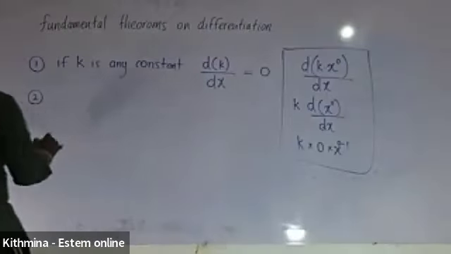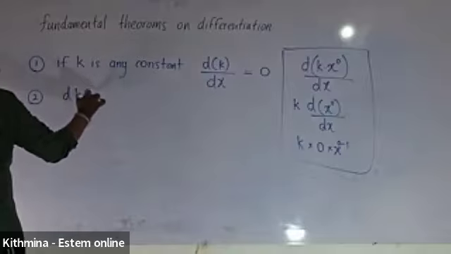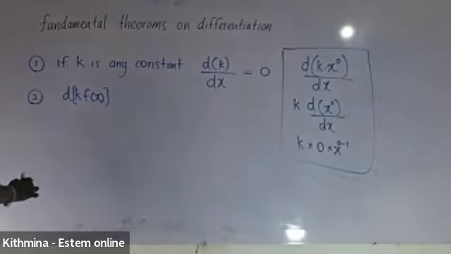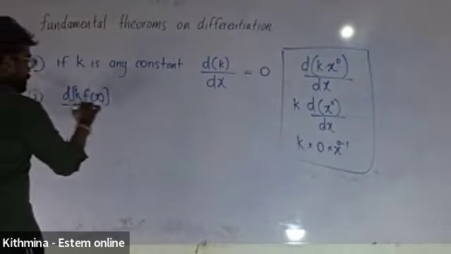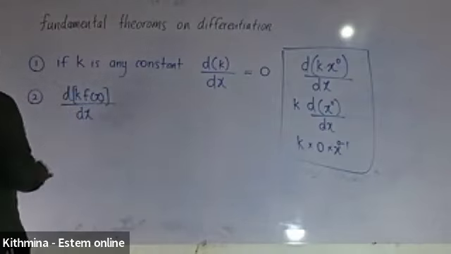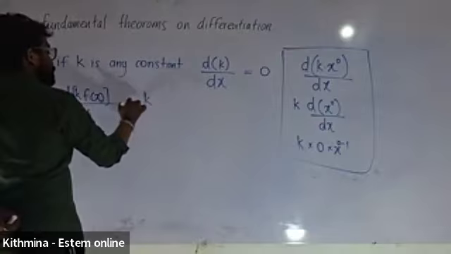The second one is when we are differentiating a function like k f(x) with respect to the subject x, easily you can pull out this constant.